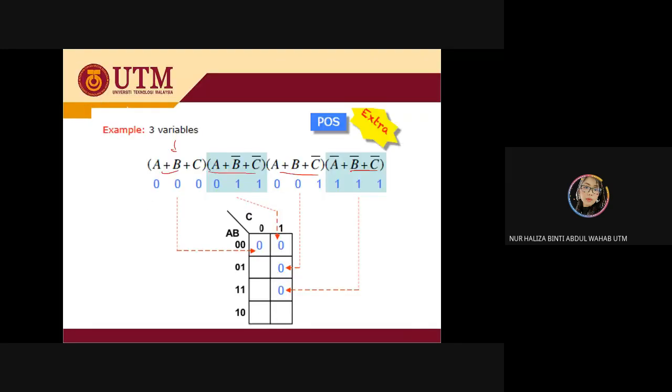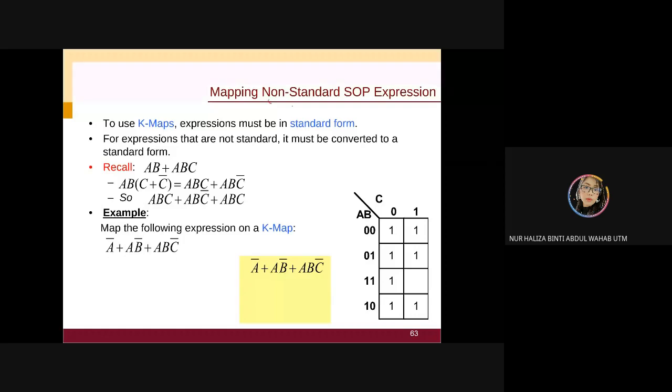If you are given the non-standard, how are you going to map to your truth table? To use your KMAP, you must be in your standard form. That's why if it is non-standard, you need to change it to standard first. The standardization you already went through several times yesterday.